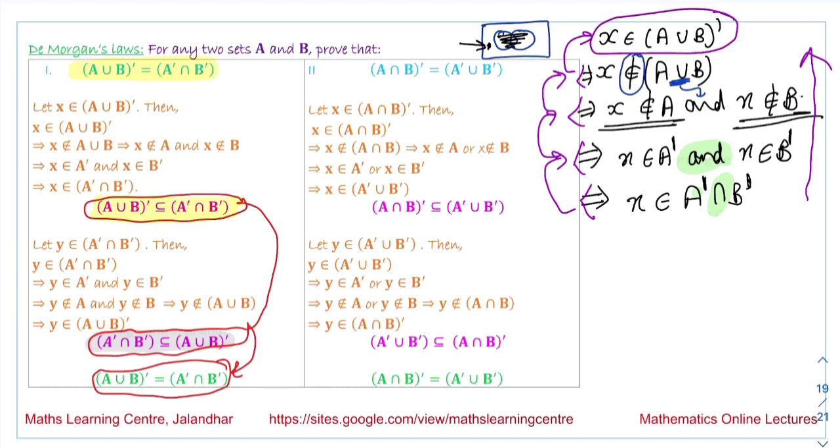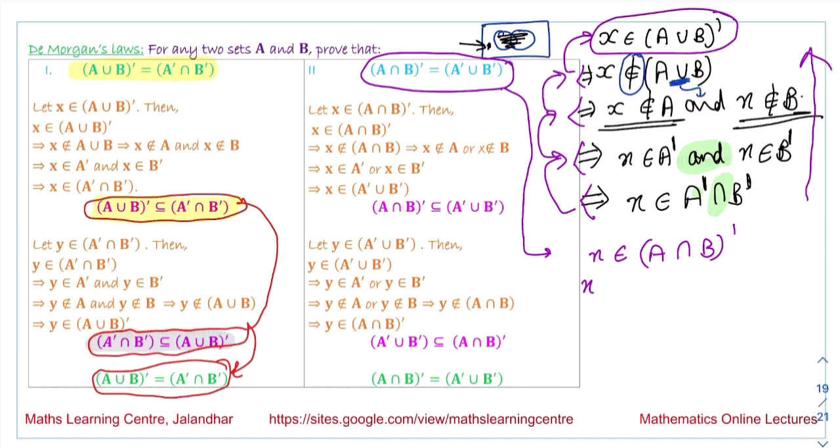Similarly, in the second case, we are proving the first part. We are saying X belongs to (A intersection B) complement. It means X does not belong to A intersection B. Suppose this is the universal set and A and B are the sets.